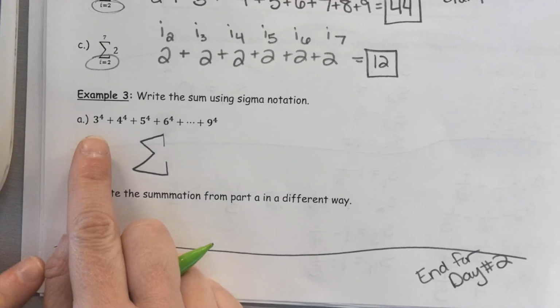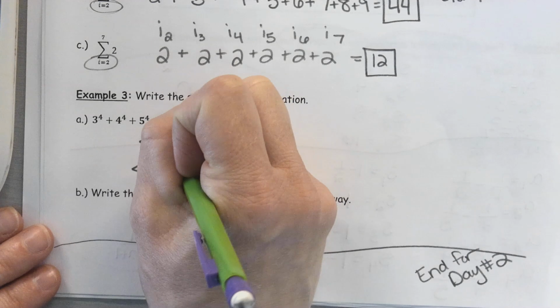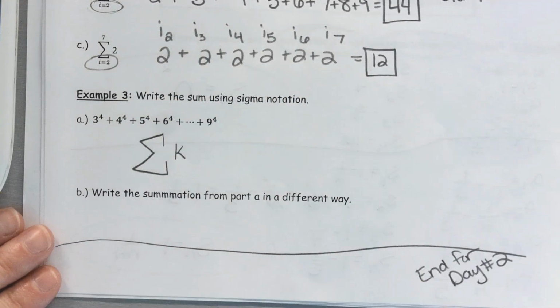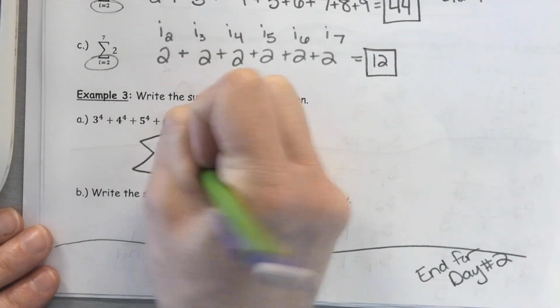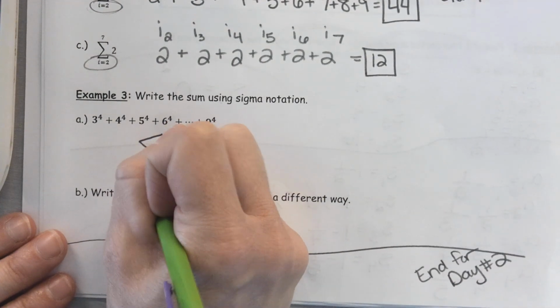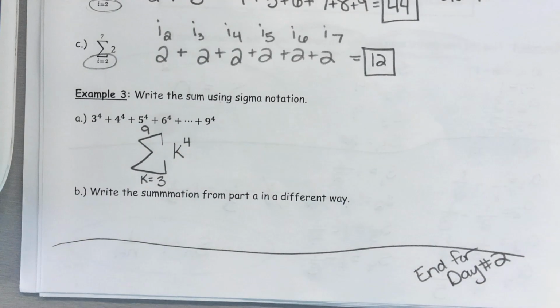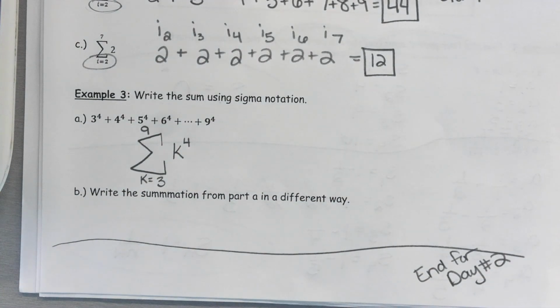What am I doing to each thing? Raising it to the 4th. I'm going to use k because that makes me feel better than I. So I'm taking each thing and raising it to the 4th power. Where do I start? 3. Where do I stop? 9. Good?